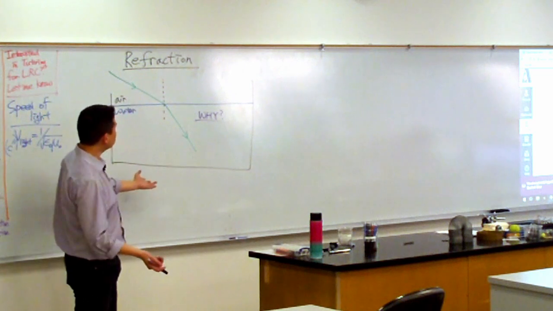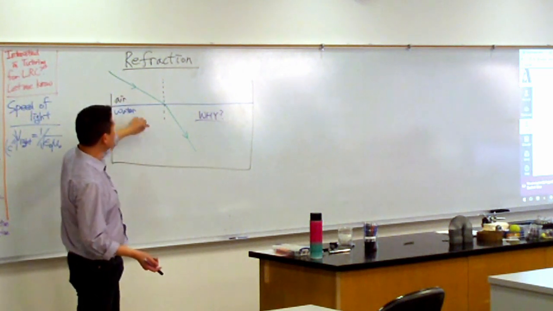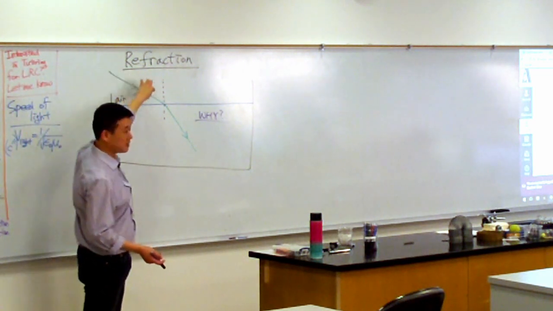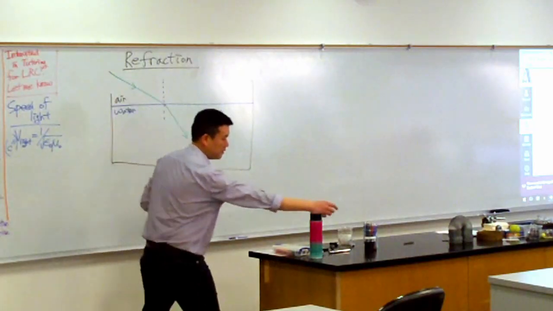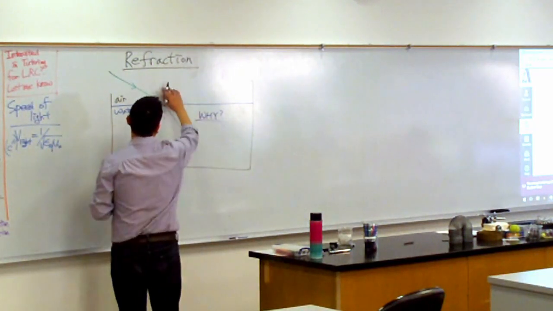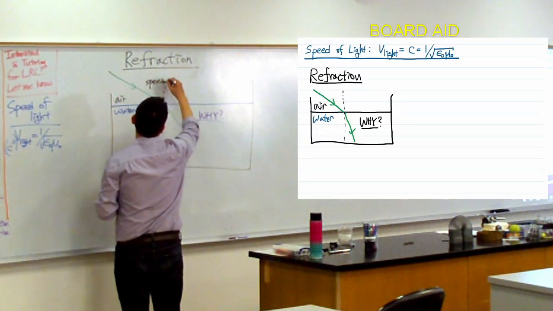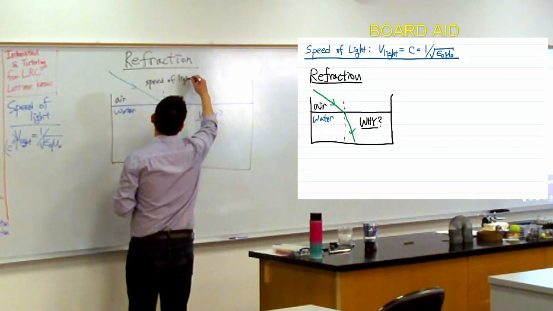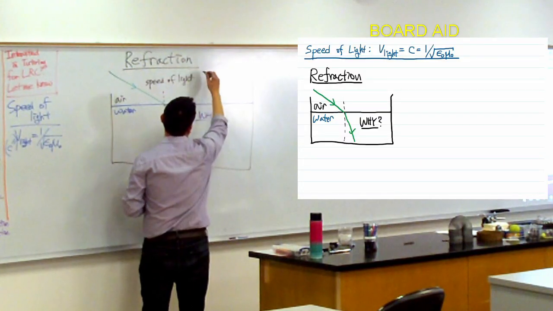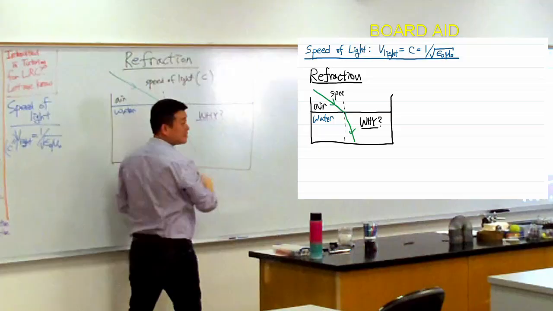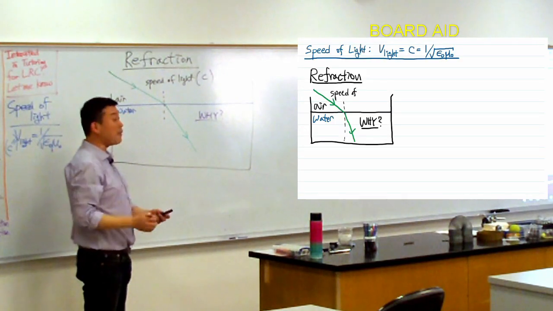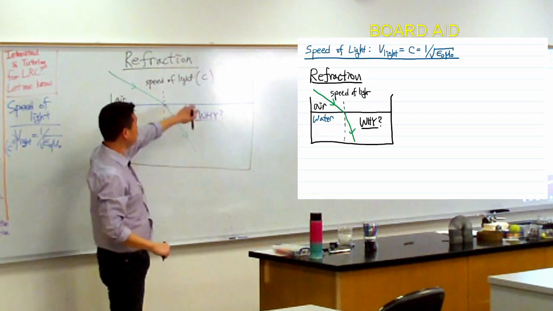But whatever that was, what both of them could agree on was that light travels at a speed. So in air, the speed of light would be something, and I'm going to use the letter c. Lowercase c is the common letter for the speed of light.